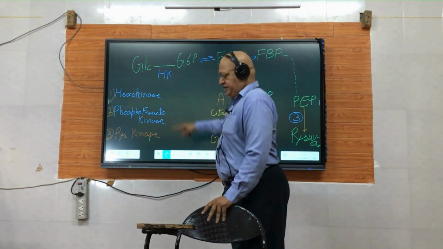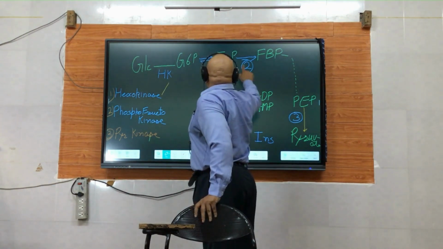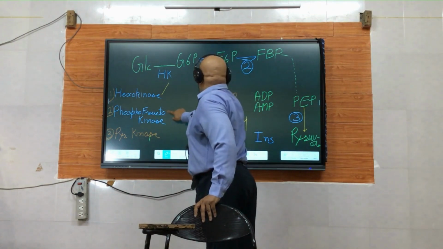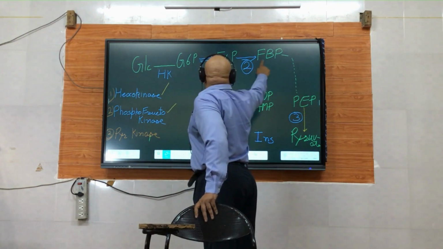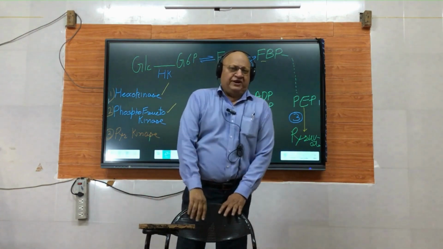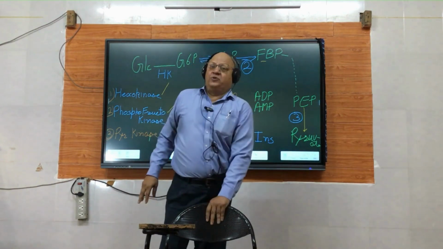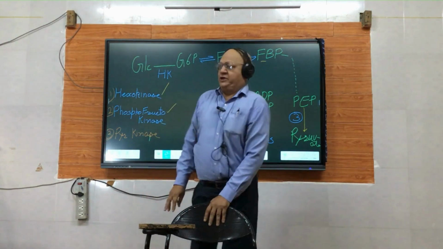First one, catalyzed by hexokinase. Second, irreversible, catalyzed by the enzyme phosphofructokinase, converting fructose 6-phosphate to fructose 1,6-bisphosphate. And then the terminal step, where phosphoenolpyruvate is converted to pyruvate.